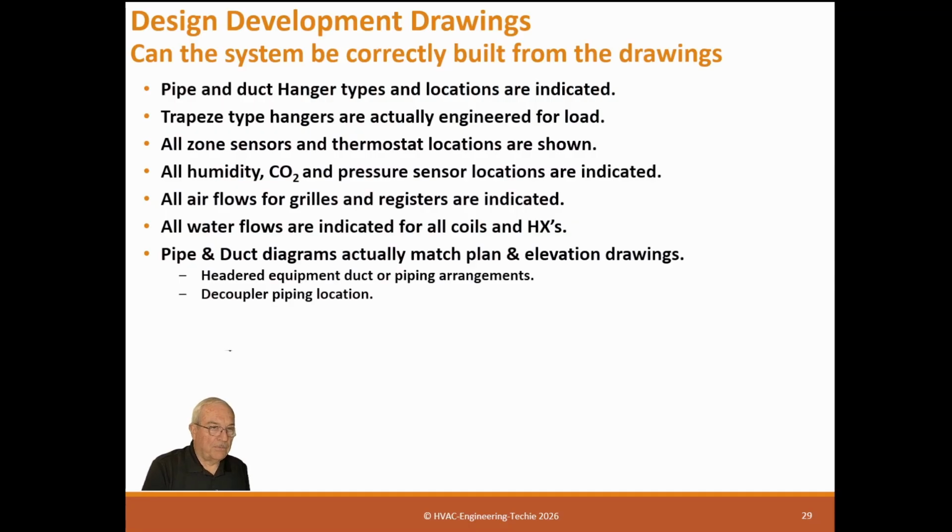Or decoupler piping locations. Decouplers, I see them done wrong about 25-30% of the time because the diagram is clear. The plan is not. You draw it on a diagram, it looks beautiful, right? Because it's all laid out flat.